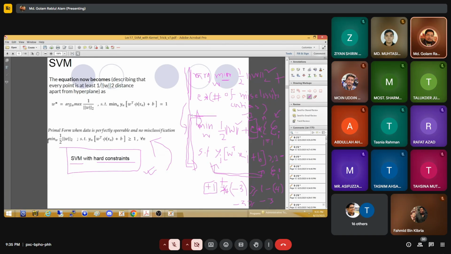Okay, so this is our equation. Now what do we have to do? This is our problem of SVM with soft margin.